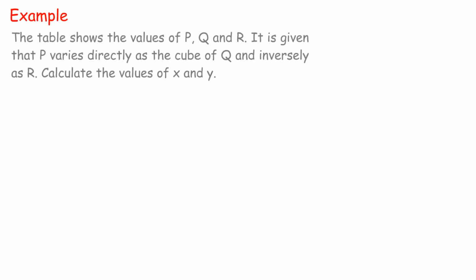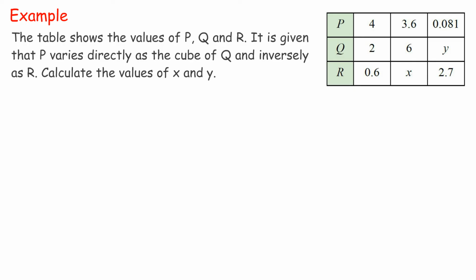Example. The table shows the values of p, q and r. It is given that p varies directly as the cube of q and inversely as r. Calculate the values of x and y.